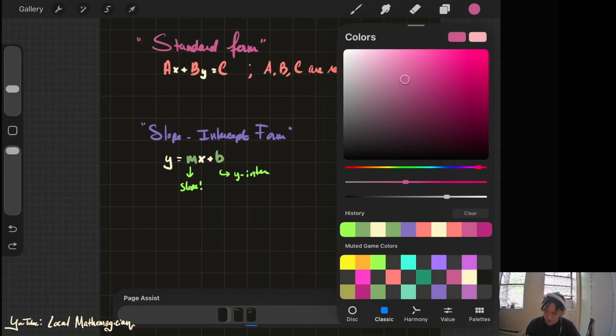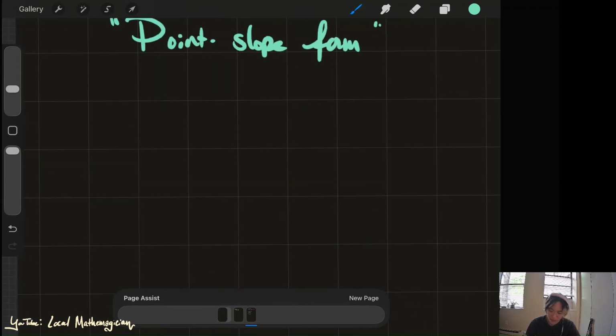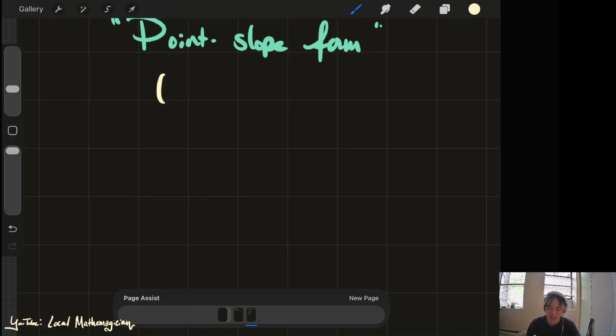And the last form you should be very familiar with is point-slope form. Point-slope form is going to be y minus y1 is equal to m times (x minus x1). Parentheses, you don't need it, but I like it.